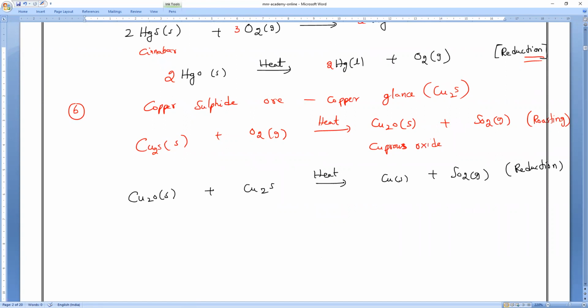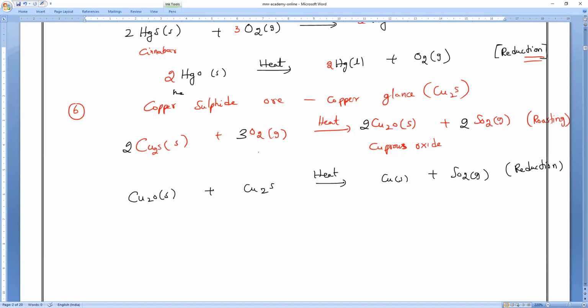Balance these equations. 2Cu2S plus 3O2 gives 2Cu2O plus 2SO2. Again, keep it in mind, for mercury, mercury oxide directly undergoes reduction.